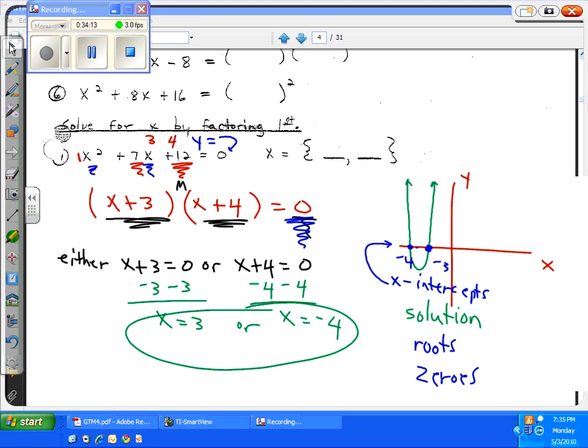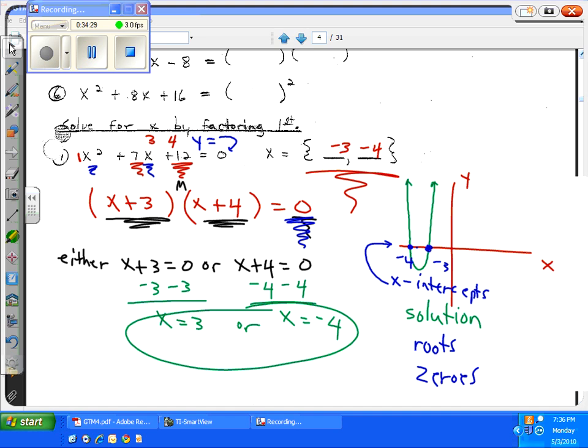So the x-intercepts, the solutions, the roots, the zeros, they all mean the same thing. Okay? So the solutions were x equal negative 3, x equal negative 4, which you know is wrong.